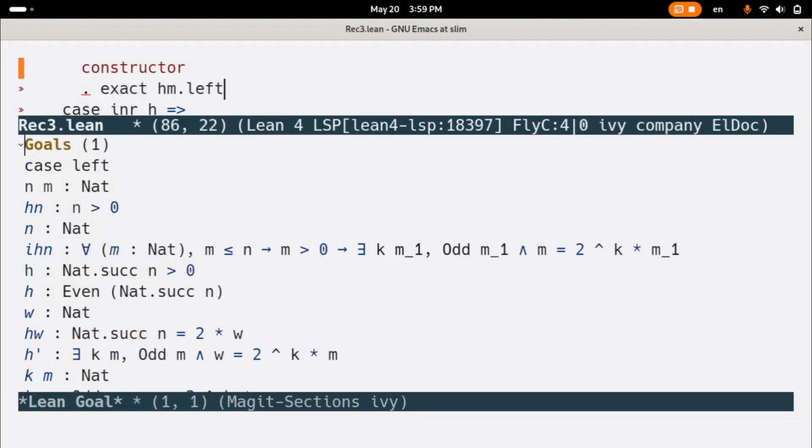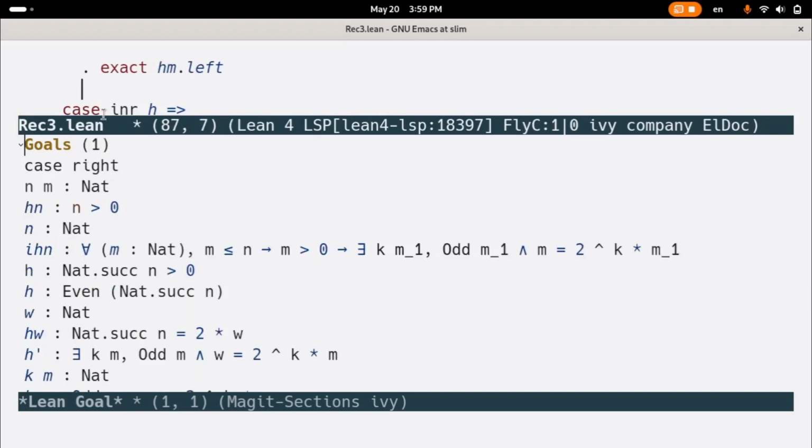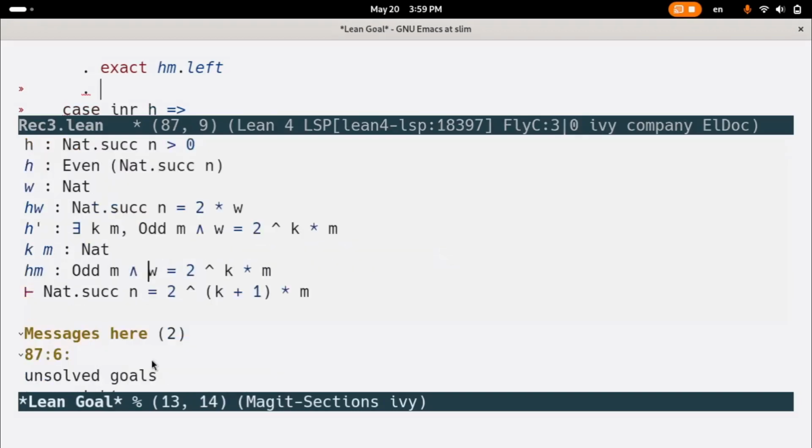So we use exact HM dot left to conclude this. And in the right case, we have to perform a series of calculations to conclude that N plus 1 is 2 power K plus 1 times M.